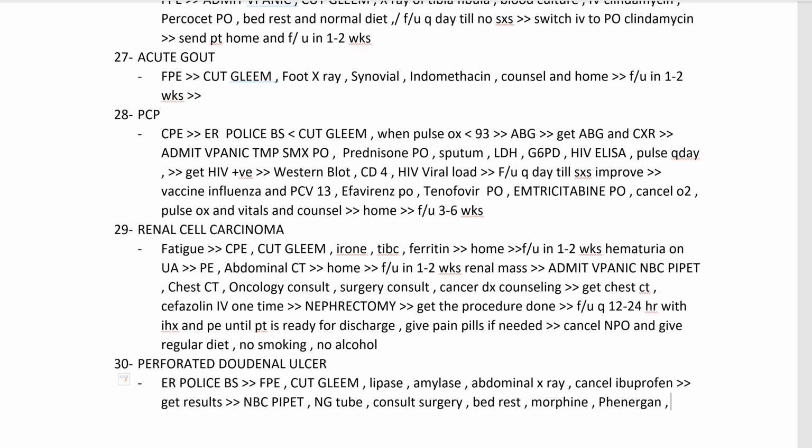And then what antibiotics do you want to give? Cefazolin or Metro. You can give him ampicillin sulbactam IV, or you can give metro, clindamycin. And then you want to admit.